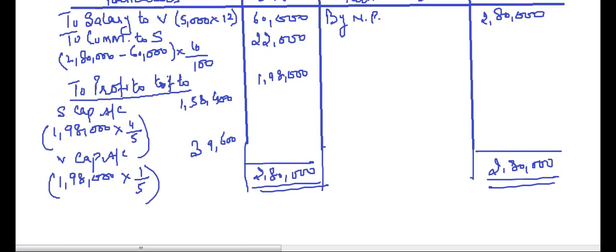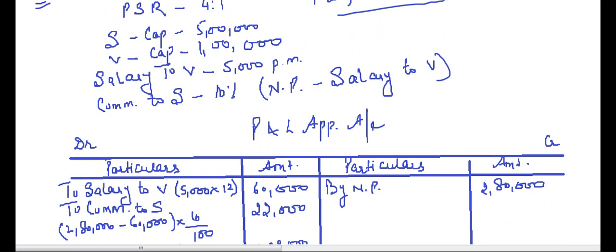Clear? This was a very simple, very basic question. Partnership deed is there, profit sharing ratio is given, capital is given. Just one thing is important, that read each and every line of a question, because the question says that first pay salary to V, then whatever is left of the profits, on that pay commission to S. This is a very important point of this question, because people can pay a commission on the full net profit of 2,80,000.